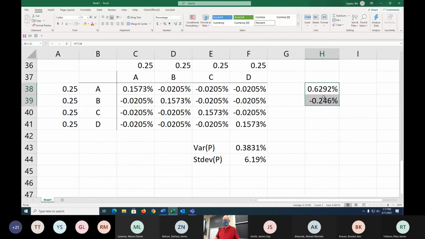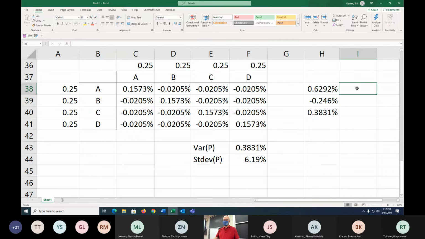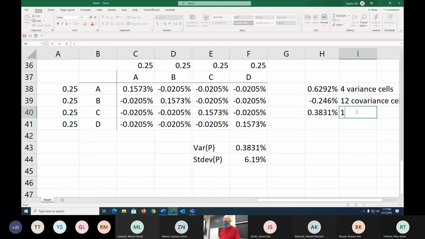All right, if I add these together, so this is 4 variance cells, 12 covariance cells, and then this is 16 total cells.